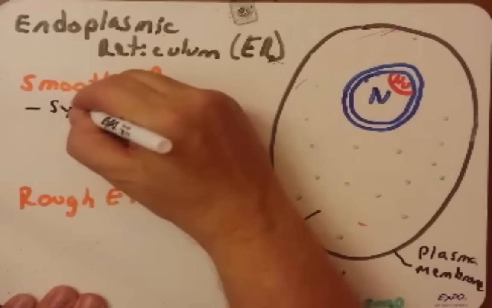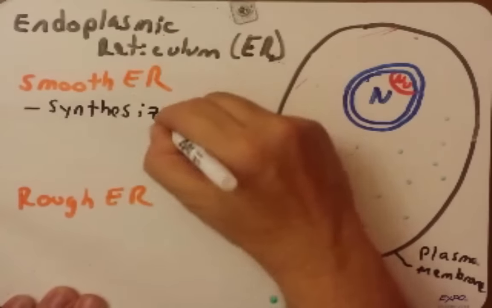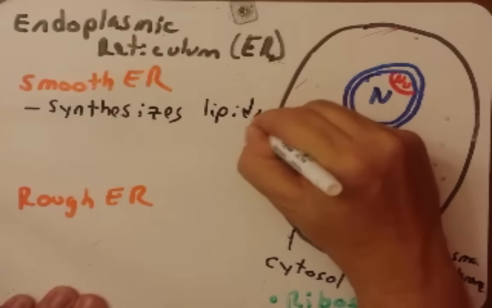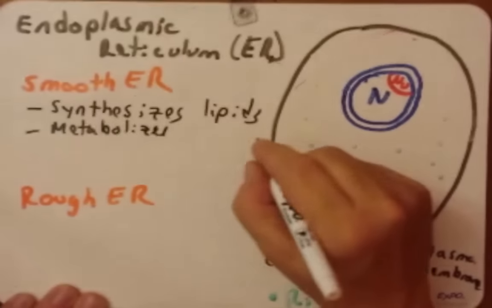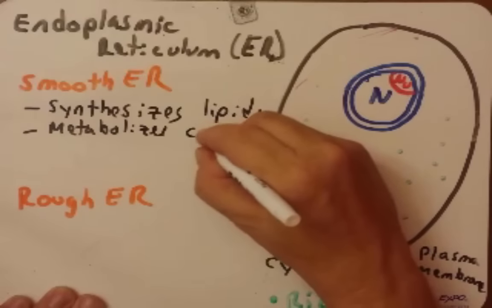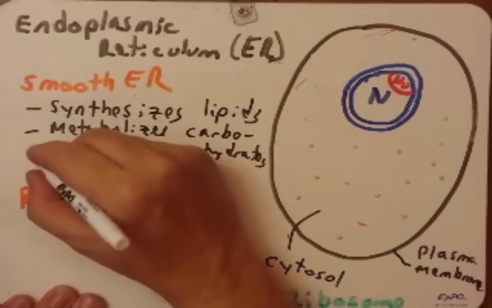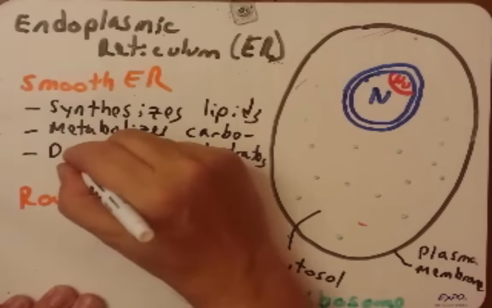It synthesizes lipids that the cell will use. It metabolizes various carbohydrates. A very important role for it is that it detoxifies drugs and poisons.